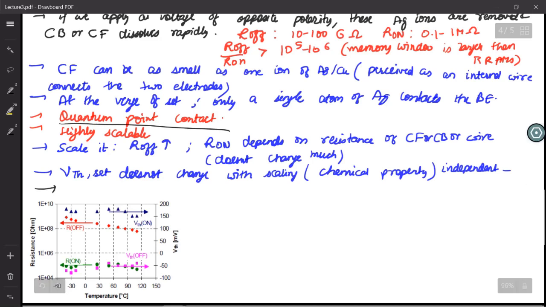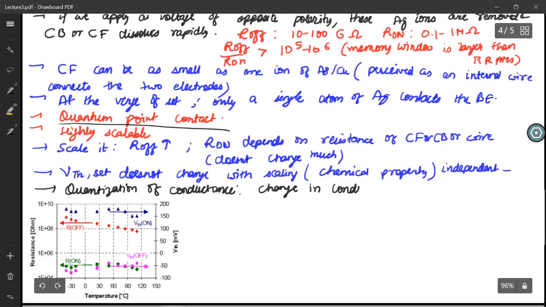So what that essentially means is the change in conductance of CB-RAM close to set voltage is not continuous.